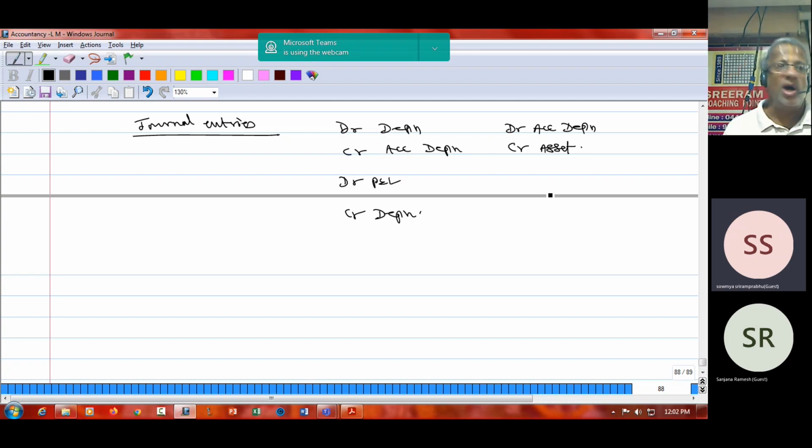Or you can avoid accumulated depreciation; straight away you can credit the asset. Is it okay? Are you clear? Yes, sir. So accumulated depreciation, or else you can call that provision for depreciation. Or else you call that as what? Provision for depreciation.